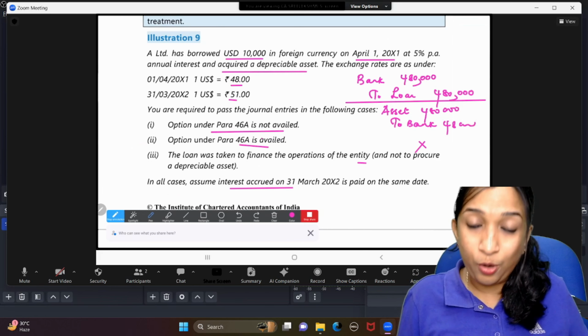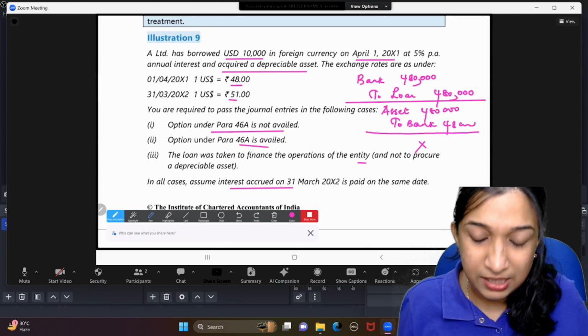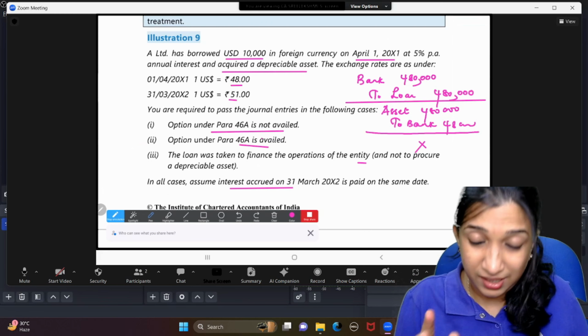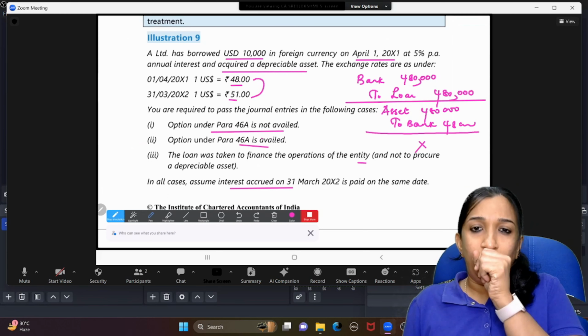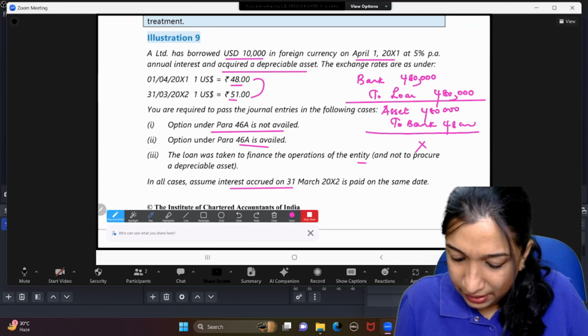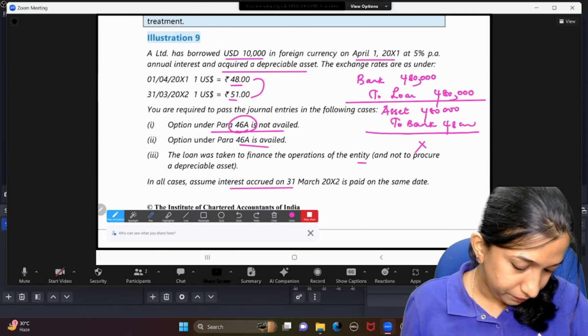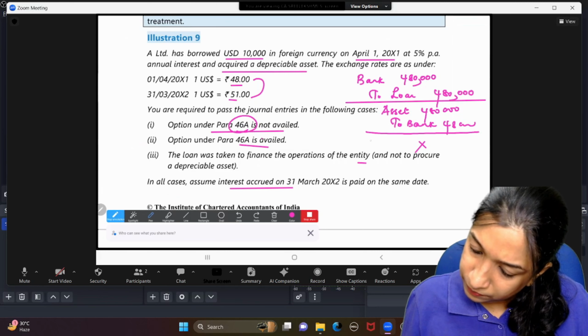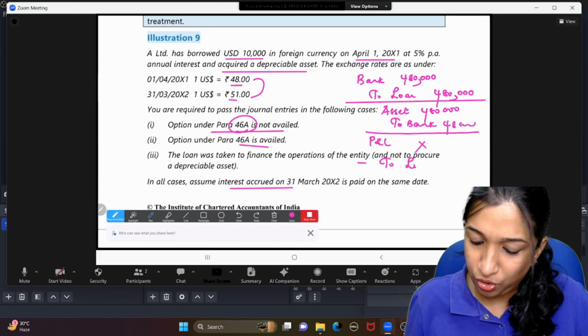Now year end. At year end 5% interest is accrued. Let's forget the interest for now, but there is an increase. If 46A is not availed, what is the entry? P&L to loan. Yes or no?